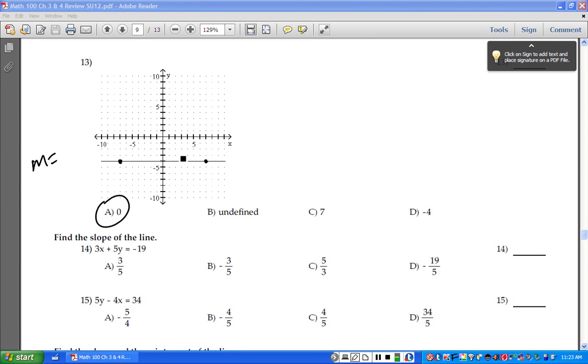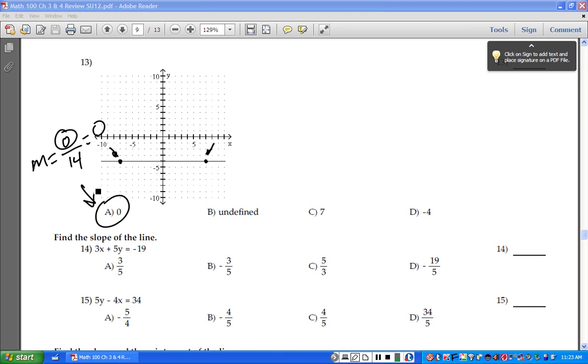So rise is 0. Now I run over 1, 2, 3, 4, 5, 6, 7, and then another 7. So I ran about 14. But because you have a 0 on the top, the slope is 0.